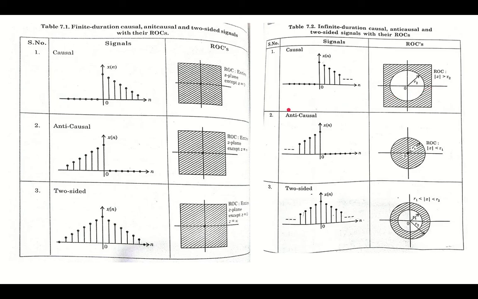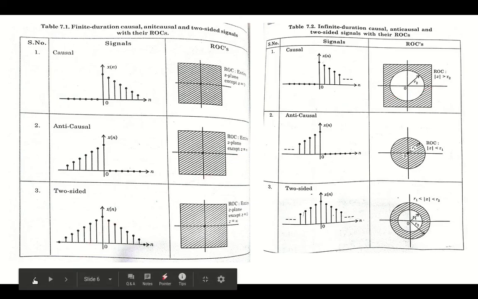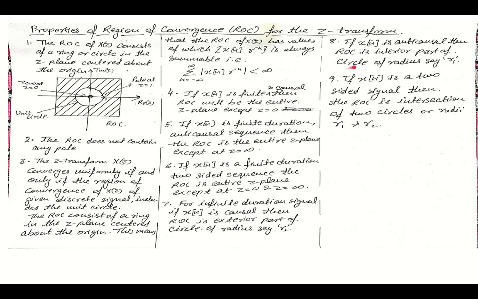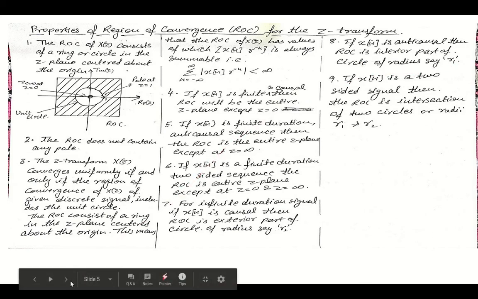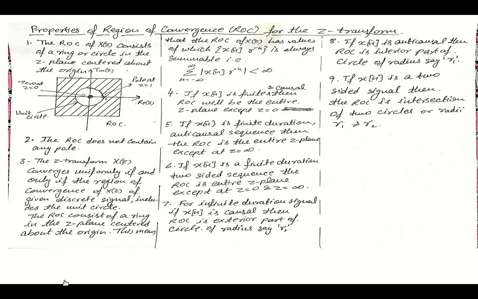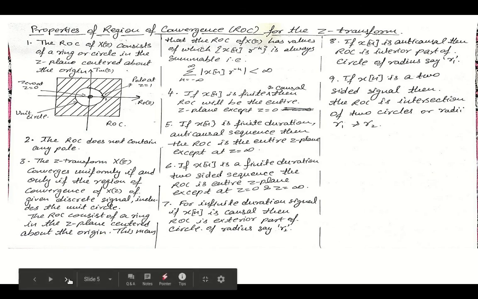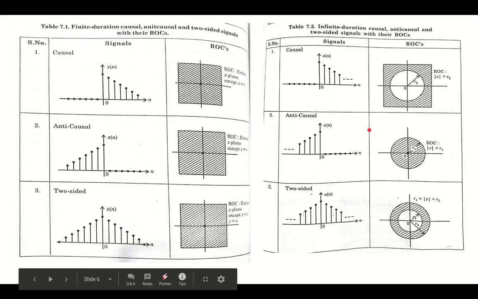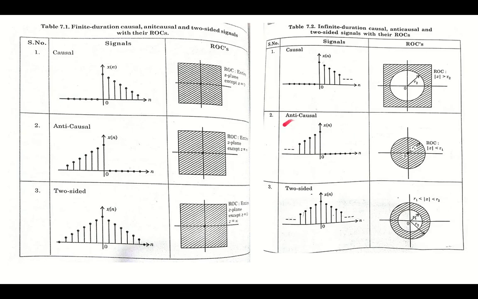Now the next property is, if x(n) is anti-causal, then the ROC is the interior part of the circle of radius, say R1. If we check on the diagram, we can see that my signal is anti-causal because it is on the left side and it is infinite.